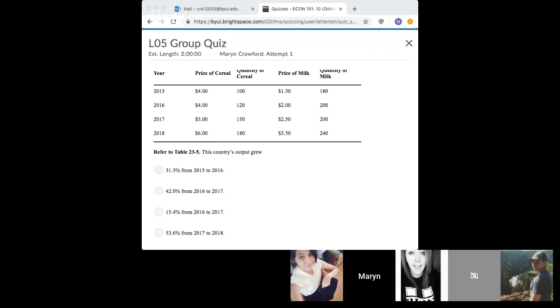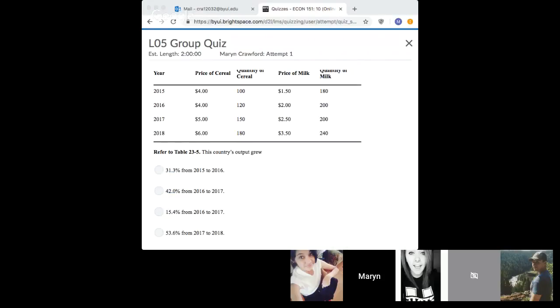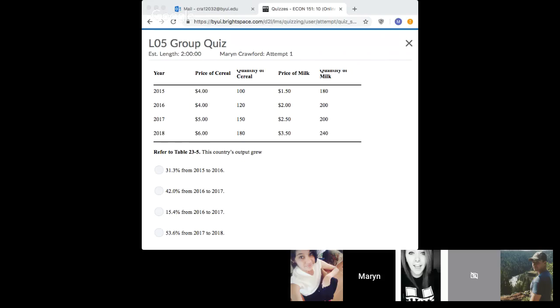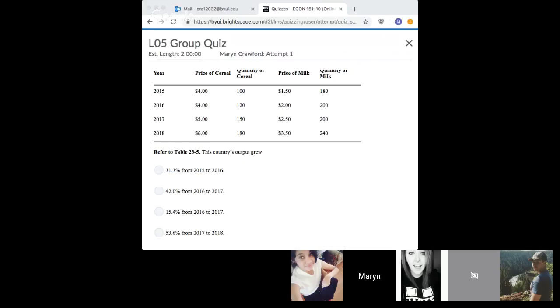Does anybody else have any ideas? Give me just a sec. I've got one. I'll try it out. Okay, I'm going to try the one you thought you found. You said 15.4 was your closest one? Yeah, but then when I was solving earlier, I got 53.6, but I don't know how I got it, so I can't prove it now. Let's see if I can figure out that one.